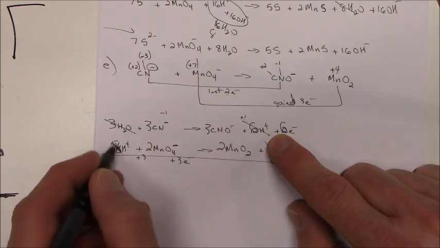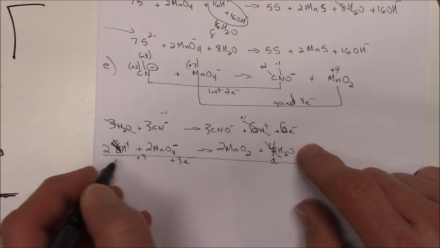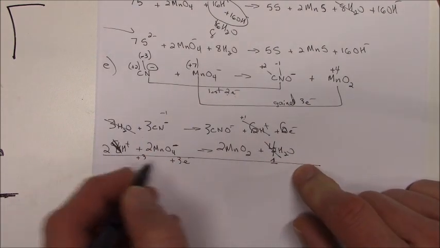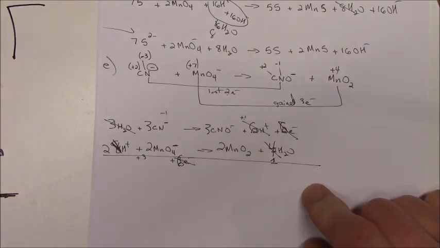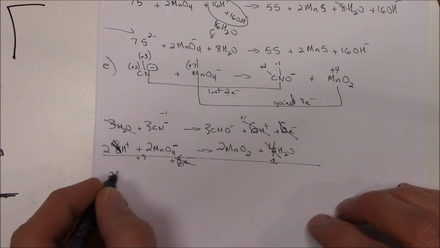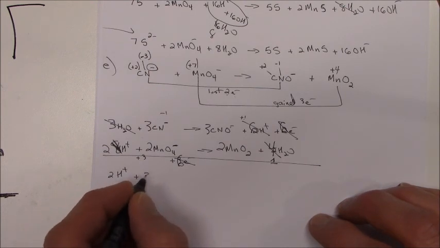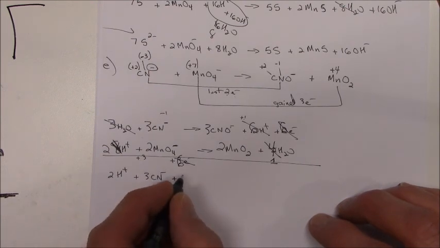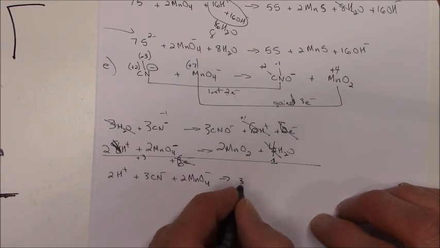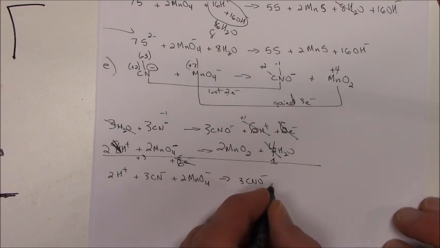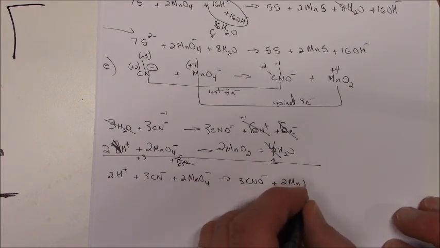So this goes down to 2. This is 3, so that times 2, that would have been 6. So we're left with 2H plus 3CN minus plus 2 MnO4 minus, and that goes 3CNO minus plus 2 MnO2.